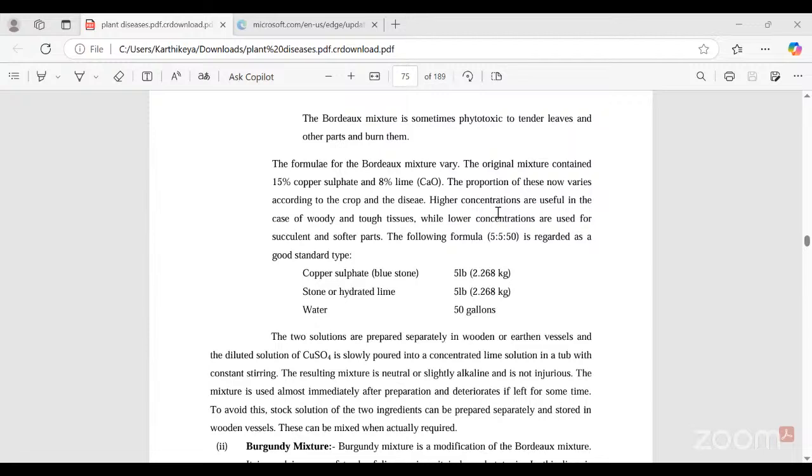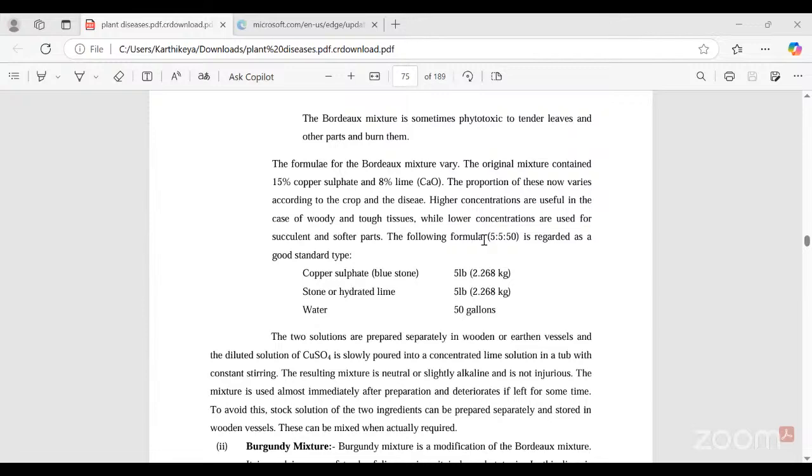The formulae for the Bordeaux mixture vary. The original mixture contained 15% copper sulfate, 8% lime. The proportion of these varies according to the crop and the disease. Higher concentrations are useful in the case of woody and tough tissue, while lower concentrations are used for succulent and softer parts.